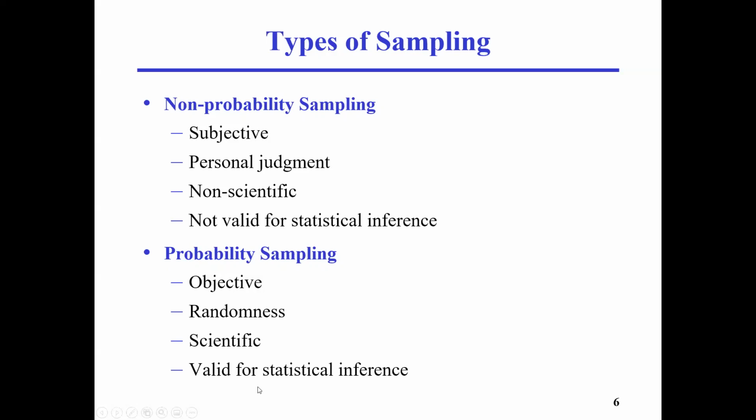And they are valid for statistical inference, which means that if you collected data using non-probability sampling methods, of course you can use them for statistical inference, but the result will not be convincing. But if you use probability sampling methods, scientific sampling methods, to collect your data, you can say that the data you collected is valid for statistical inference.